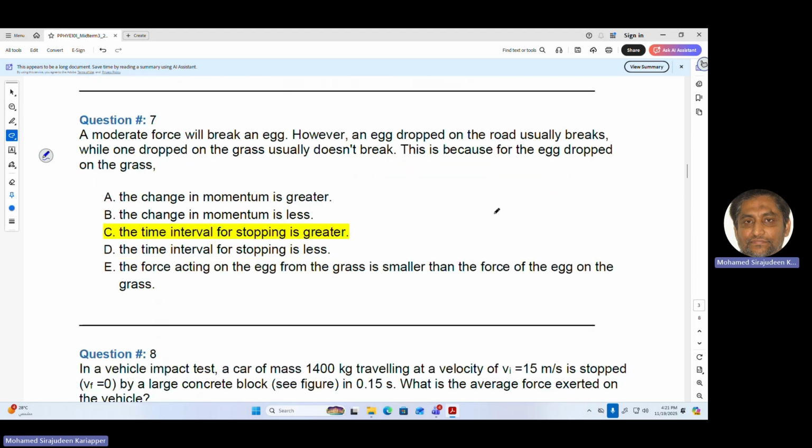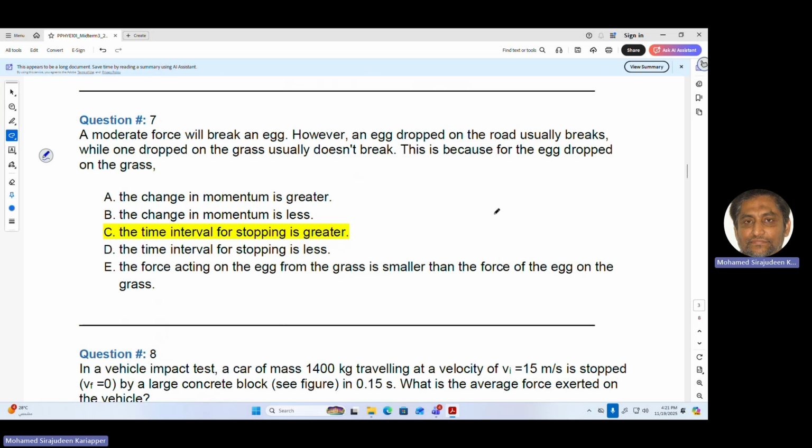Number 7. A moderate force will break an egg. However, if you take an egg and drop it from the same height, one falls on, say, a solid floor, road, okay, a solid floor. The other one falls on grass.